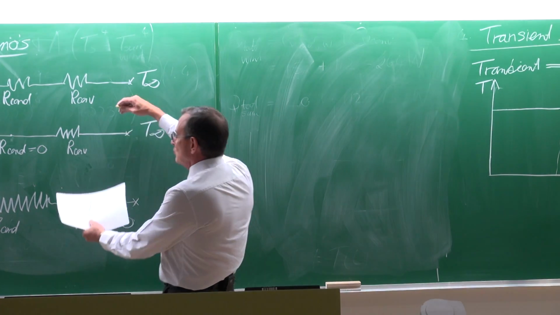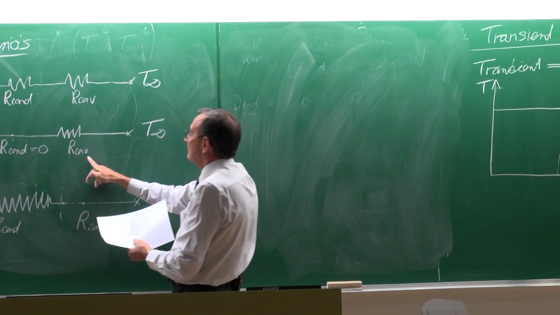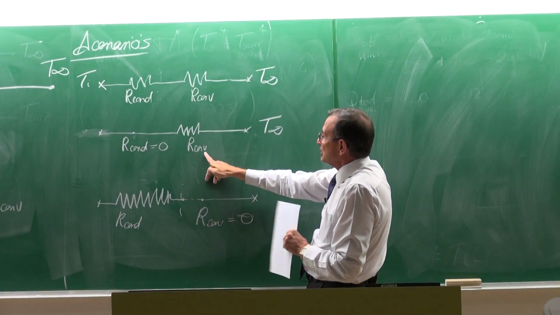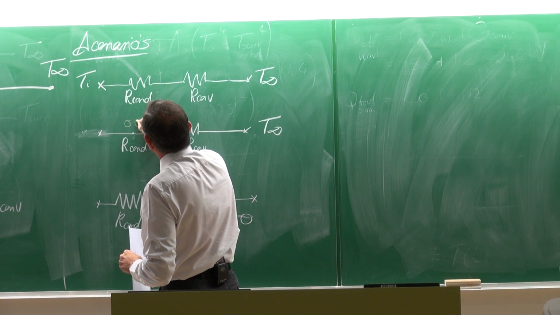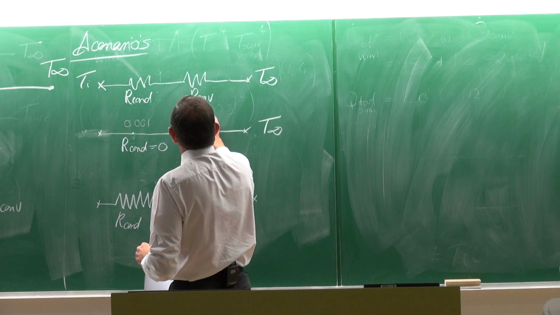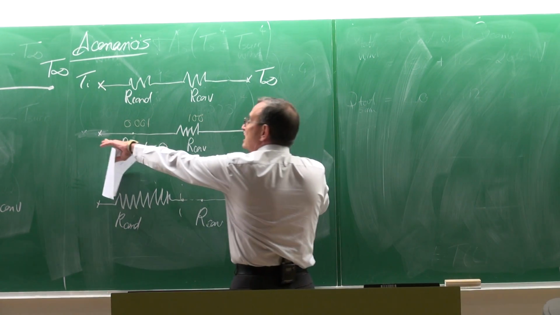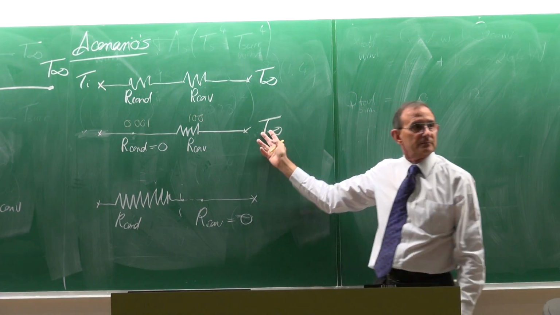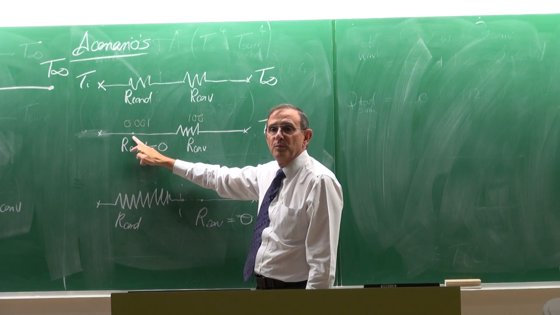Let's look at this case, for example. The conduction resistance is about 0, and the convection resistance is a value. So let's suppose this is 0.001, and that resistance is 100. And you as an engineer want to increase the heat transfer rate. Well, one option is to say, all right, I'm using copper here.